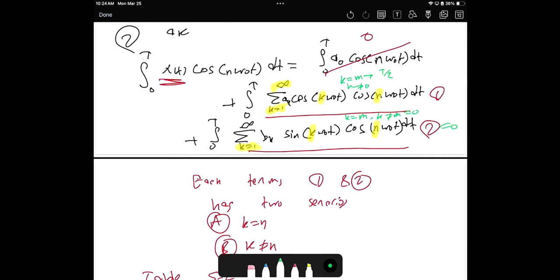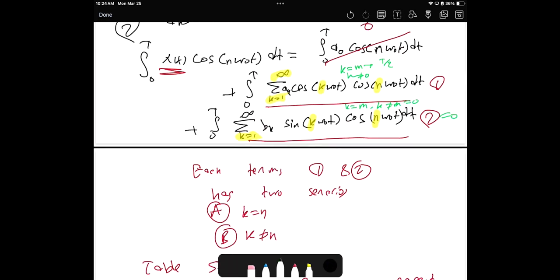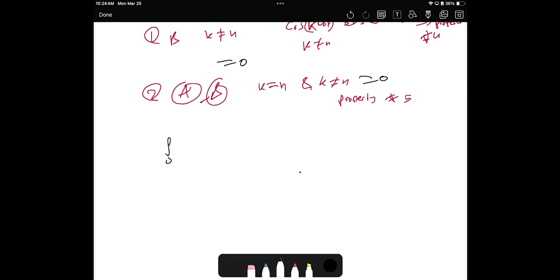So as a result, the integral from 0 to T of x(t) cosine n omega naught t dt will equal a sub n times T over 2.